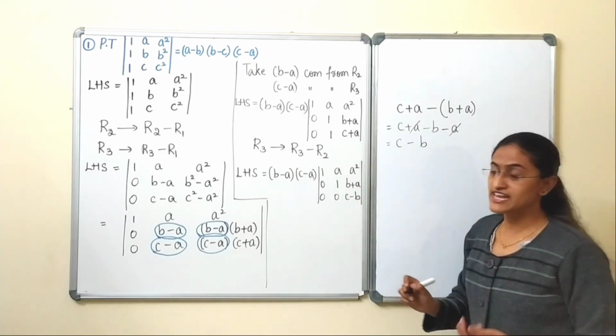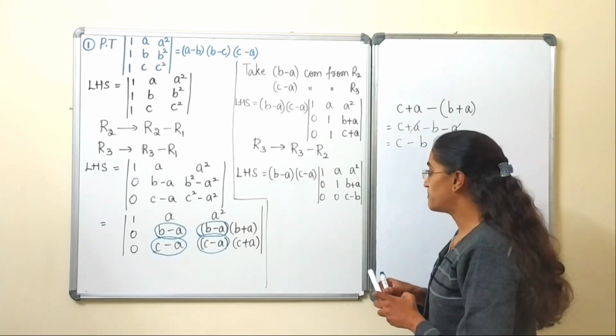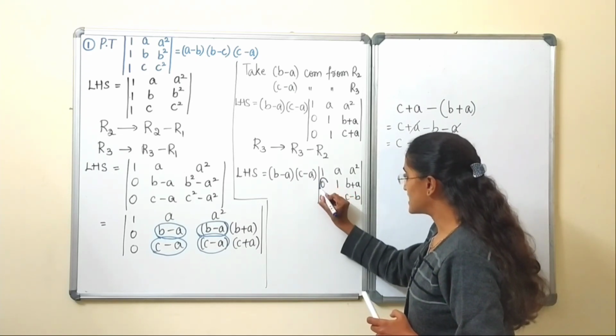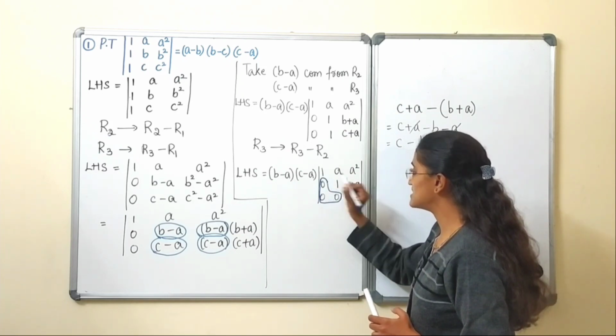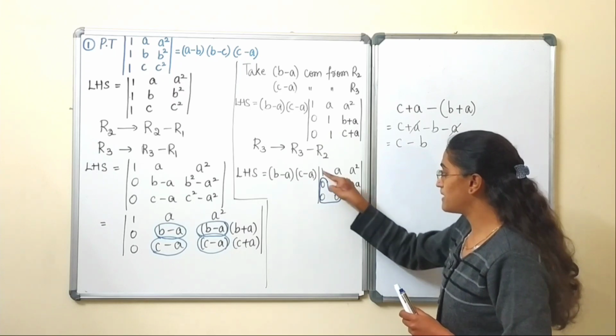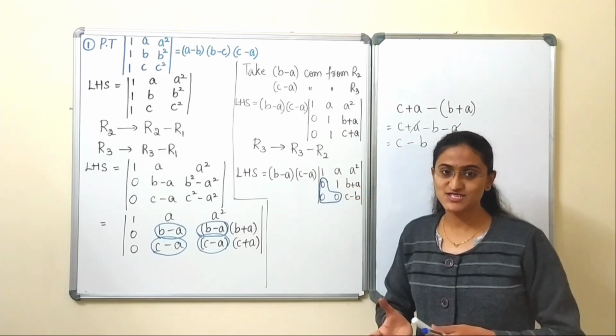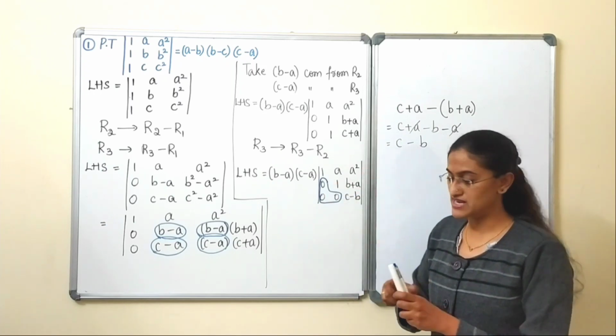Now you can expand this determinant, but using the property you can see that the lower diagonal elements are all equal to 0, and hence you can multiply the principal diagonal elements, which fetches you directly the value of the determinant.